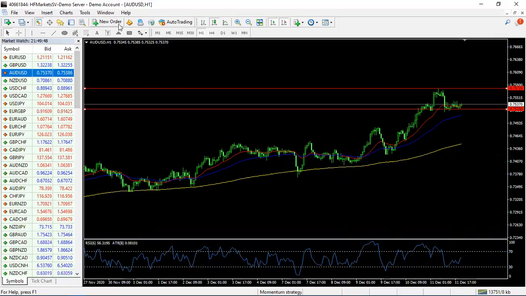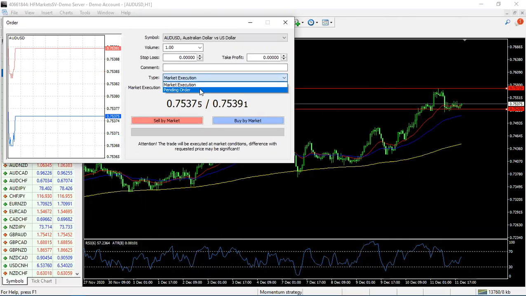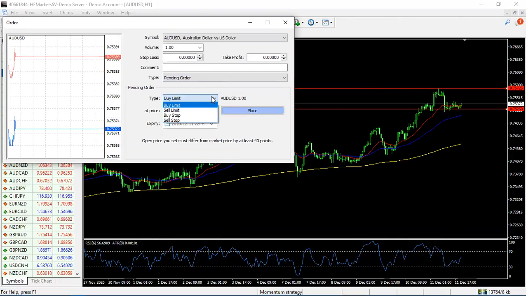Then you want to go to new order. Then determine the volume based on your trading balance. Then you want to go to the type of trade. So pending order, you're going to go with a buy stop at what price? At 0.7725.